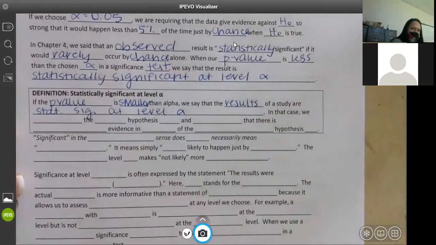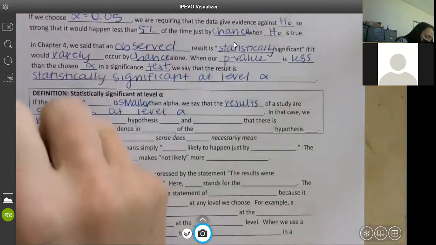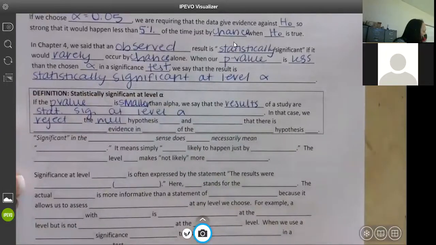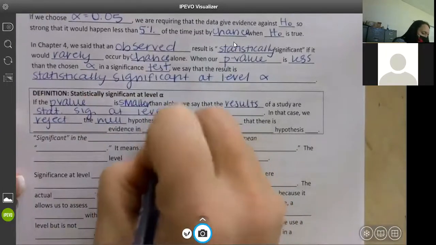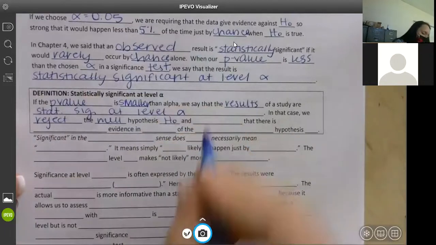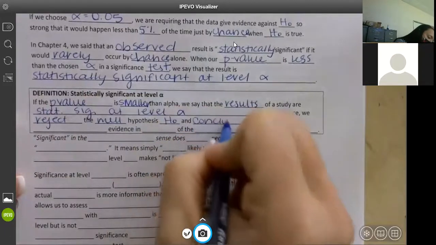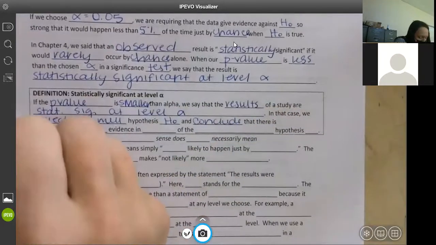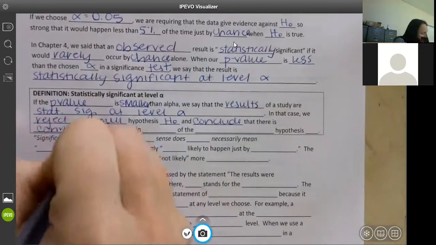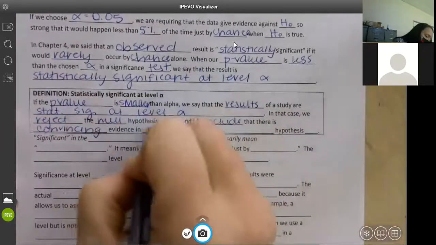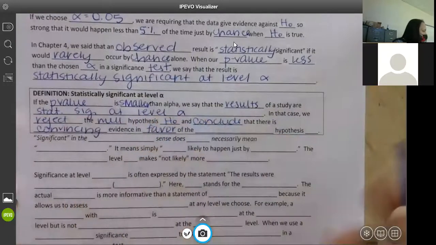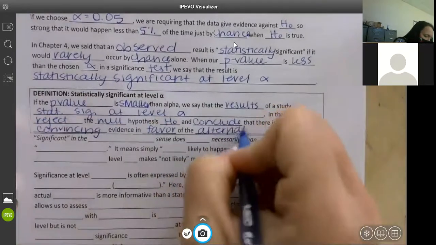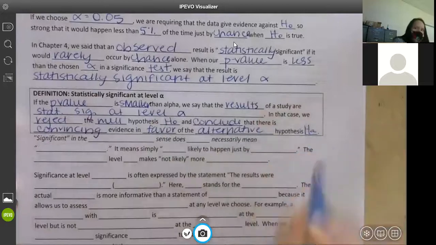In that case, we reject the null or H sub O and conclude that there is convincing evidence in favor of the alternative hypothesis H sub A.